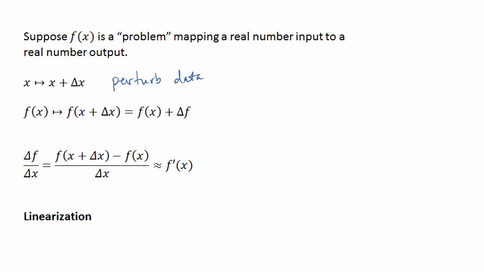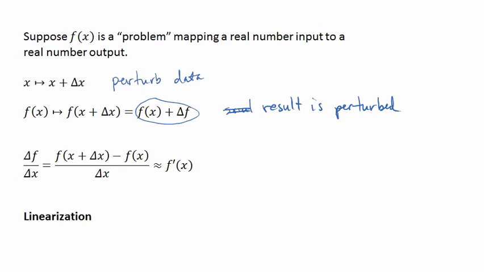And then we know that the answer will be perturbed. You plug in x plus delta x into the function, and then the result is also perturbed as a result. Okay, well, elementary, right? We can find what delta f divided by delta x is, or we used to call this delta y divided by delta x, right?